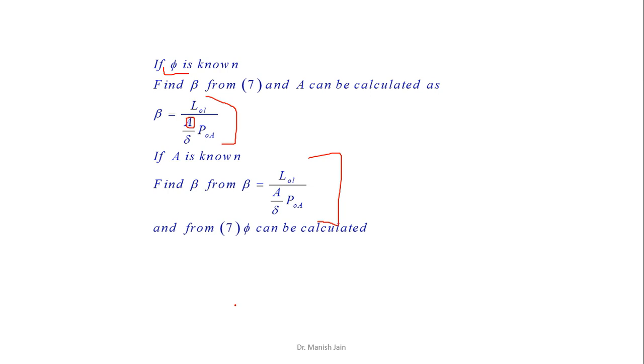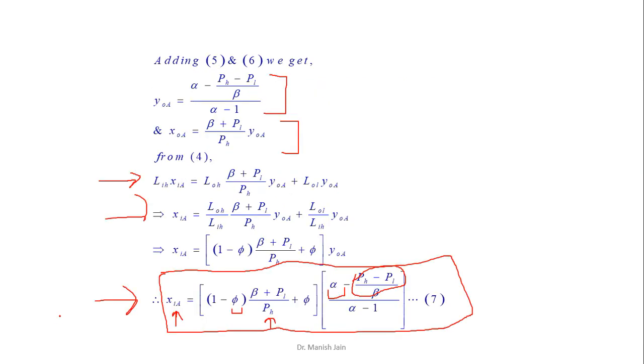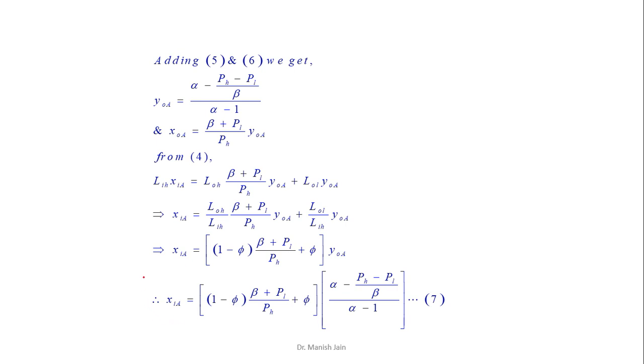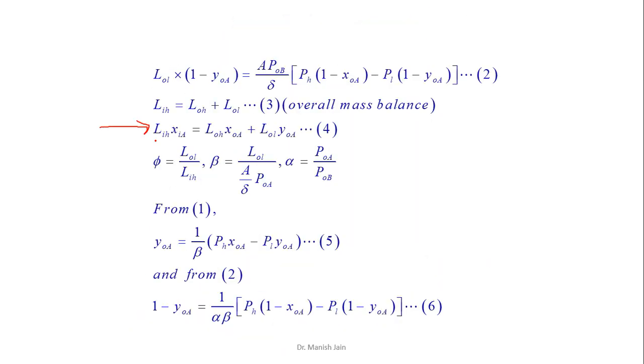So by using equation number 7, you can design the membrane module for the mixed flow pattern.